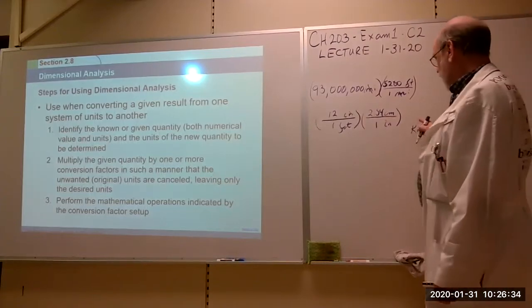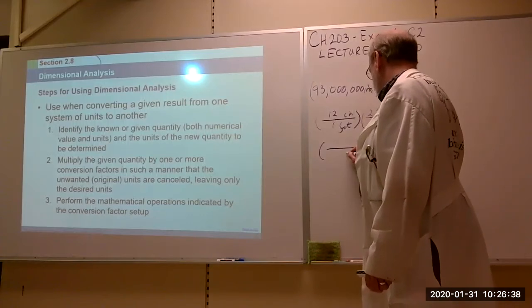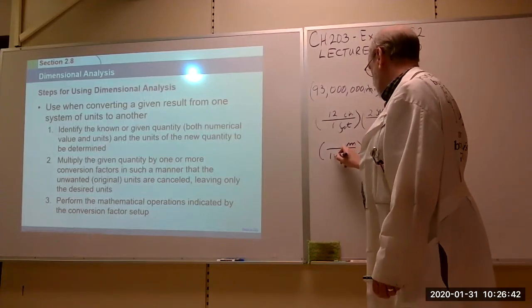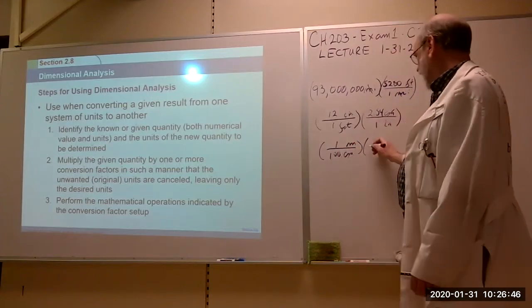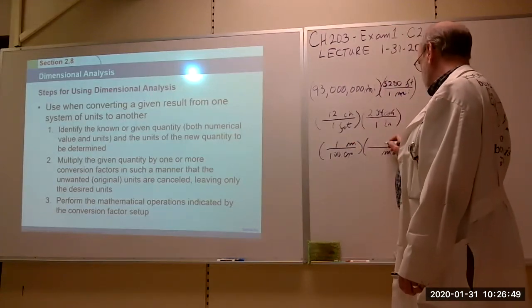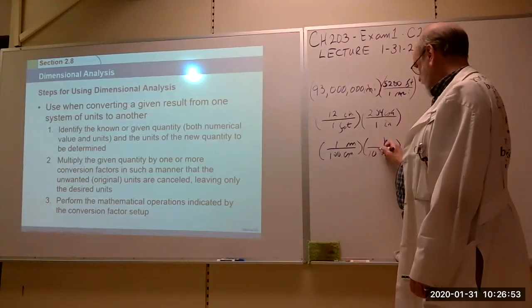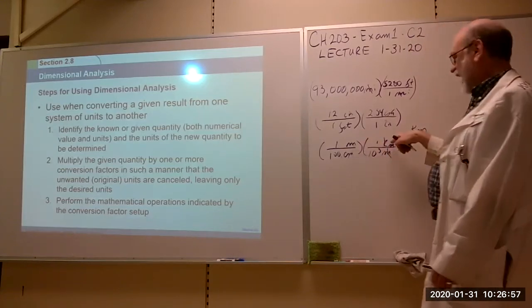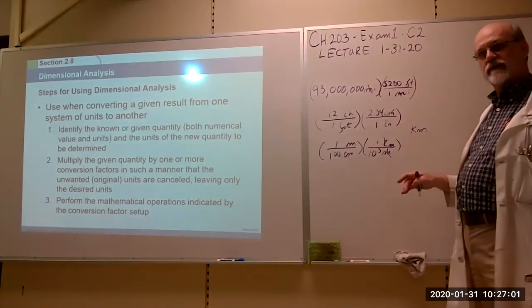So now I can convert centimeters to meters, because 100 centimeters is 1 meter. And now I can convert meters to kilometers. So I got 1,000 meters in 1 kilometer.